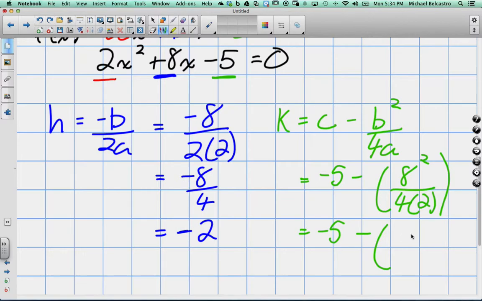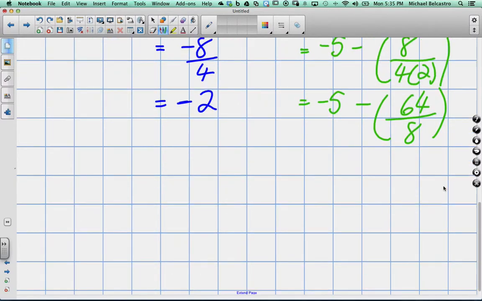Check your calculator. It's going to be 64. Good. And then 4 times 2 will give us 8, so we divide 64 by 8. That gives 8. And finally, I have -5 minus 8, and that will give us -13.